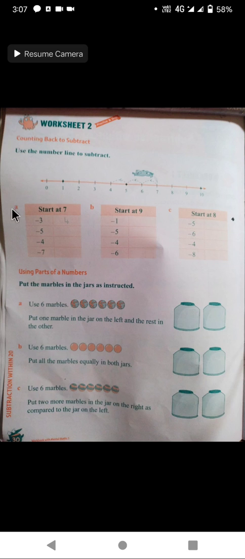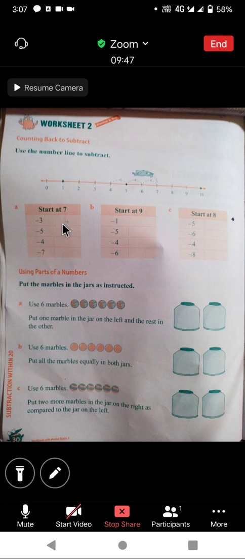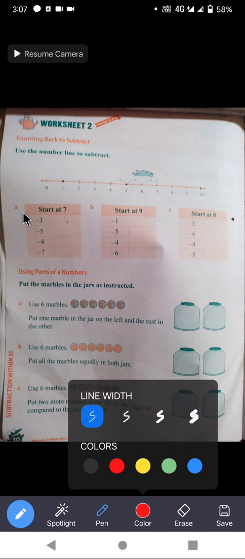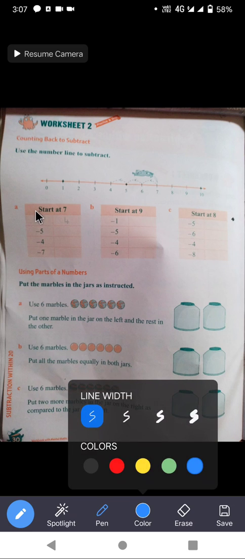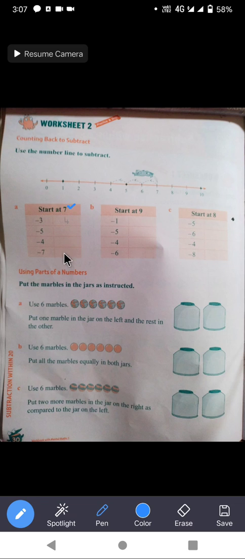Okay, so we have the first part here, start at 7. First of all we will find 7 on the number line. 7 is here, so we have to start from here. From 7, now we have to subtract 3.